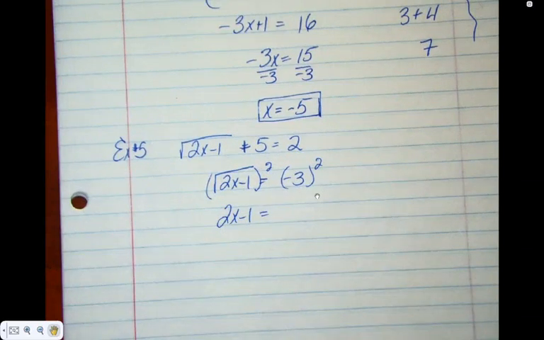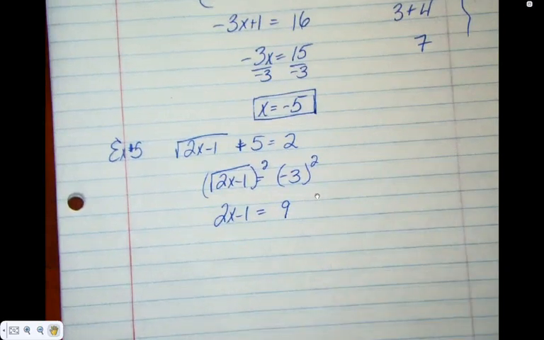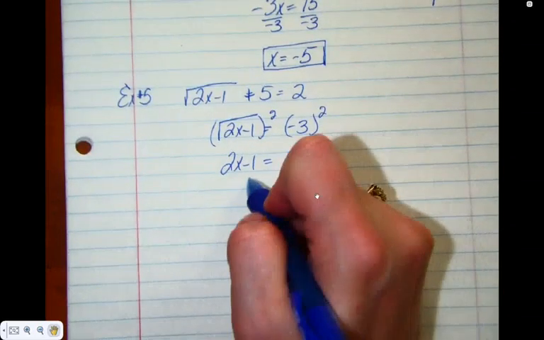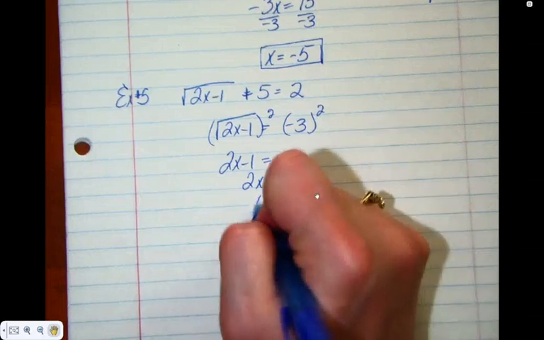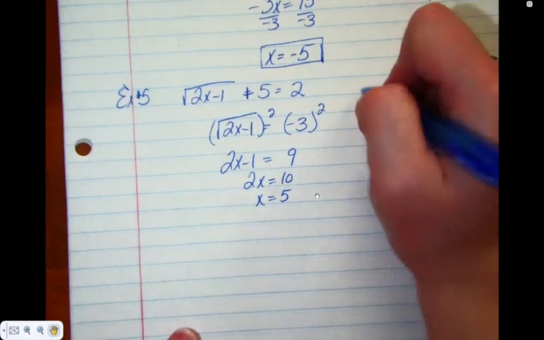Right-hand side is positive 9. How do I get rid of the minus 1? How do I get rid of the coefficient of 2? Let's check it.